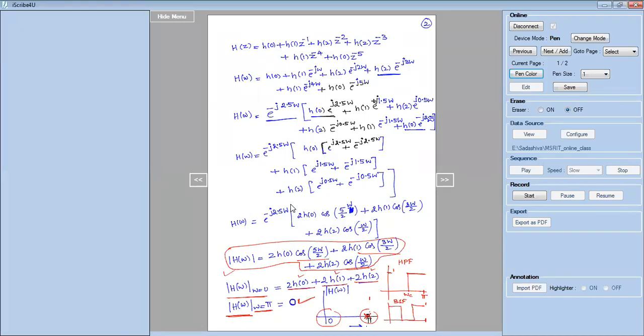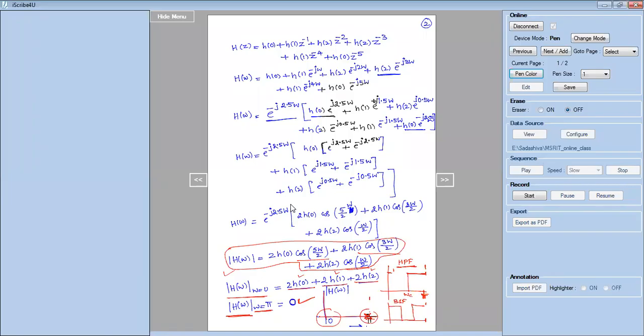Now I know that in the type 2 filter at omega equal to pi, I am getting response equal to 0. But what is the ideal high pass filter expecting? It is expecting the magnitude of H of omega to be equal to 1 at this pi. Understanding?